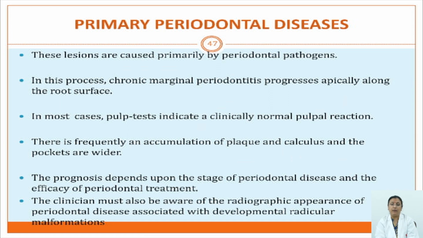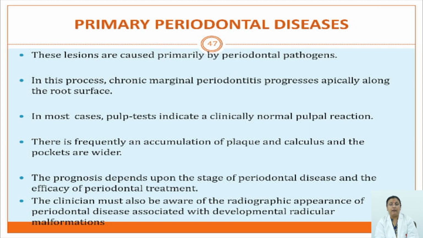Then comes primary periodontal disease, which is caused by primary periodontal pathogens only. So, chronic marginal periodontitis progresses apically along the root surface, and the pulp test will remain vital, that is, will be positive. There can be accumulation of plaque and calculus.